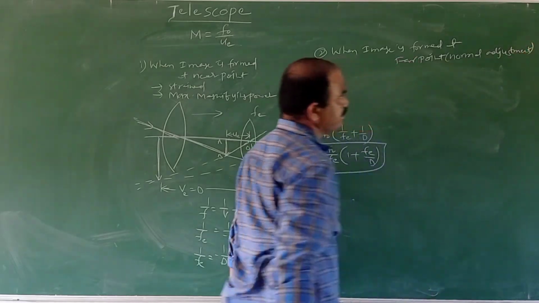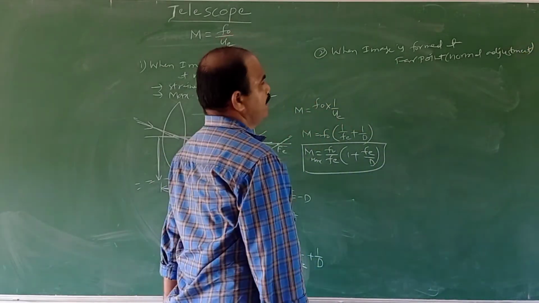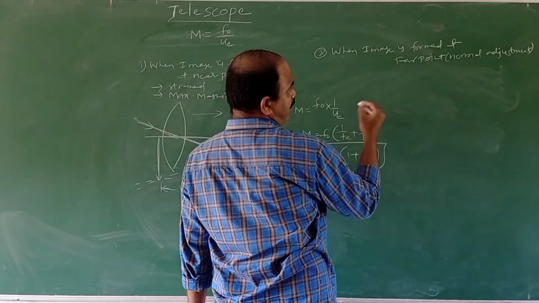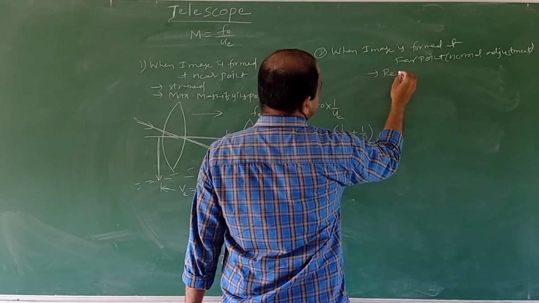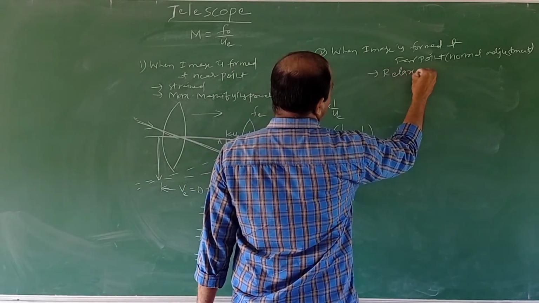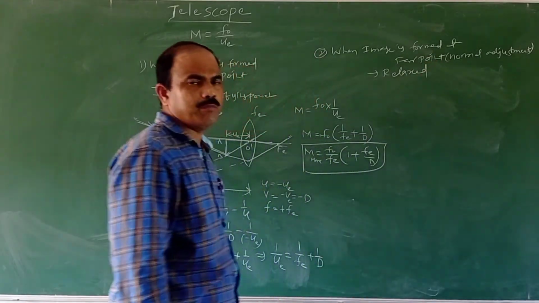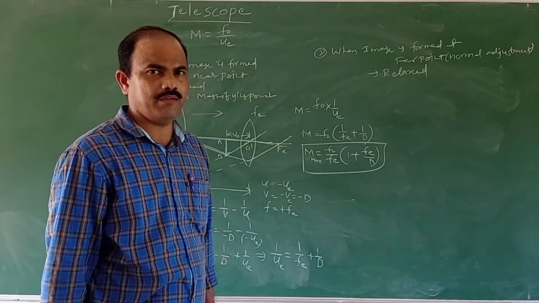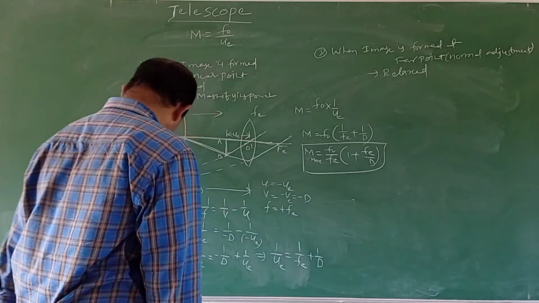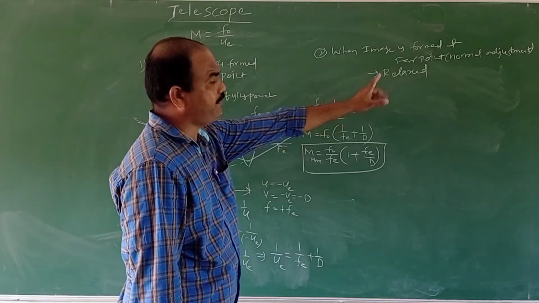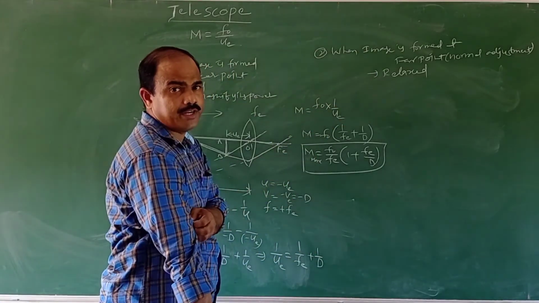When the image is formed at the far point, our eye will be relaxed, but the magnifying power of the telescope will be minimum. The far point is nothing but infinity.